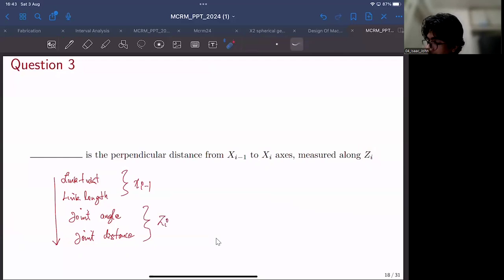The first attribute is rotation about the xi minus 1 axis. This is translation along the xi minus 1 axis. Joint angle is rotation about the zi axis. This is translation along the zi axis. And the question says it's the perpendicular distance from xi minus 1 to xi measured along zi. So it has something to do with distance, and it also has something to do with zi. So the correct answer, I believe, would be joint distance. Would you agree on that?